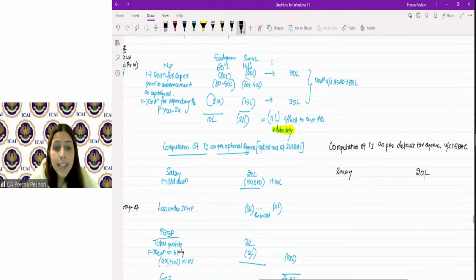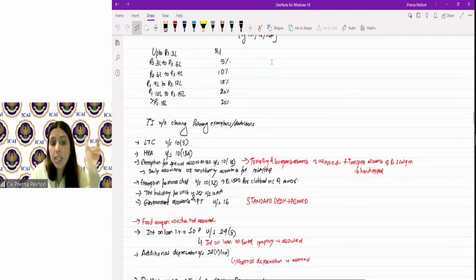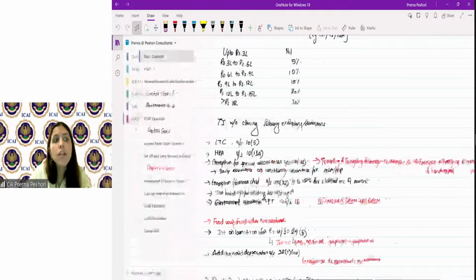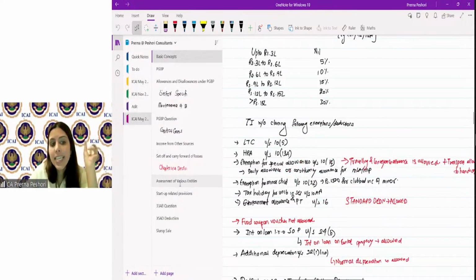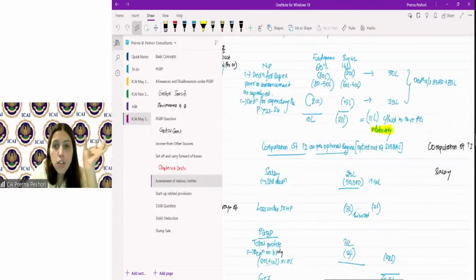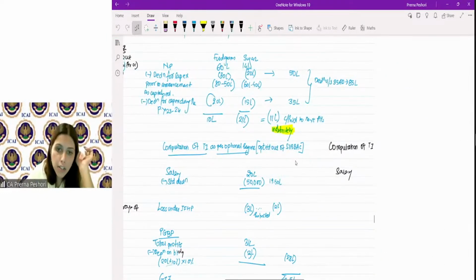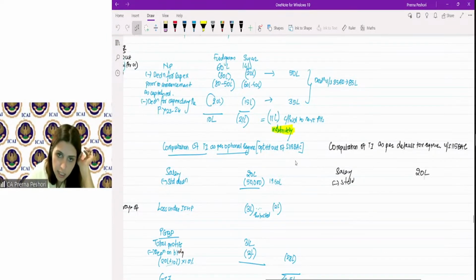Geeta, we do get the standard deduction. If you remember, under the basic concepts class, I had written it with the red words. Standard deduction is allowed even under 115BAC. So here you will get the standard deduction. So, less standard deduction. This has been an amendment which has been introduced.